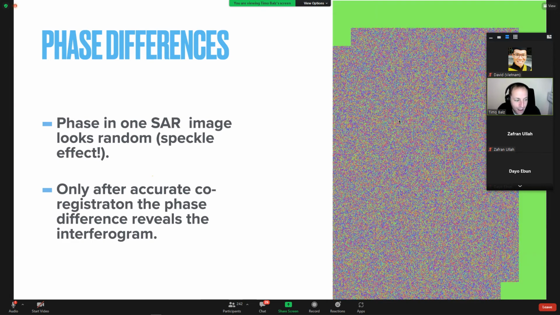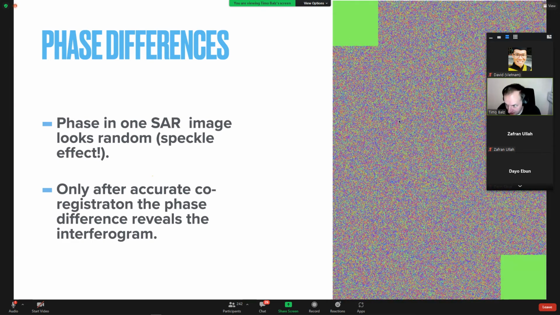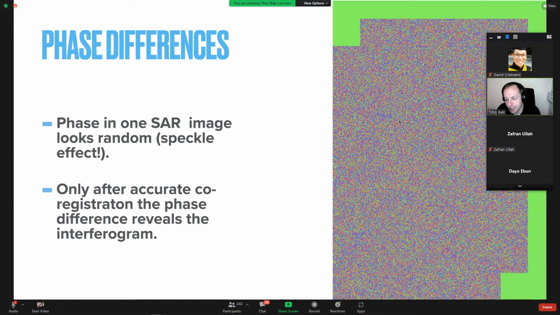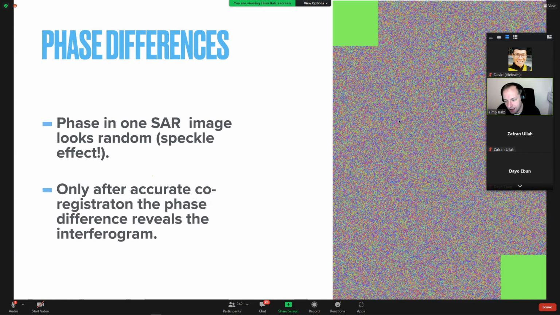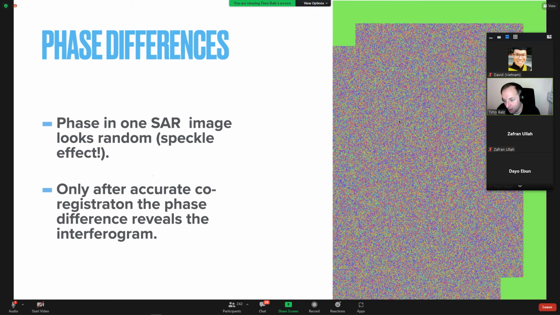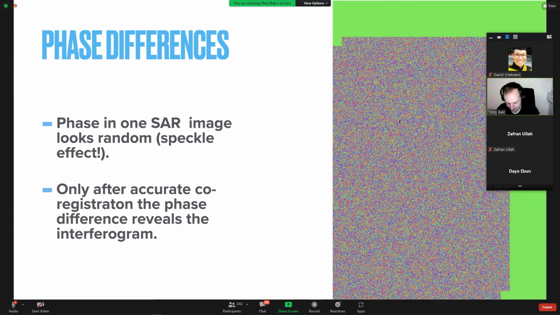Okay. But if we co-register them and subtract one phase from another, we get this interferogram that you always see for a short second, which is more similar to a topographic map, and we can do something with that.